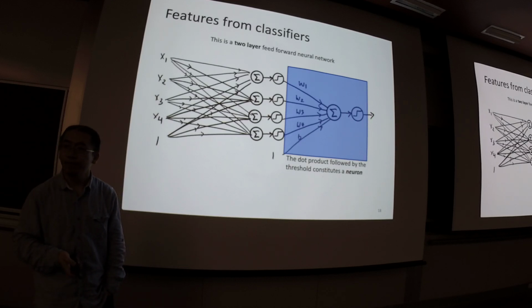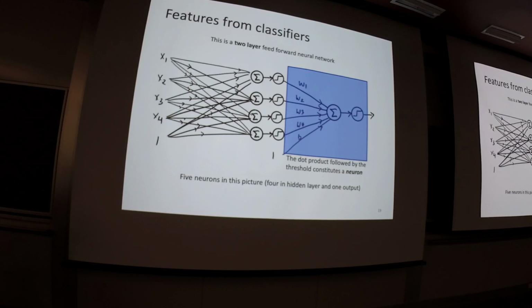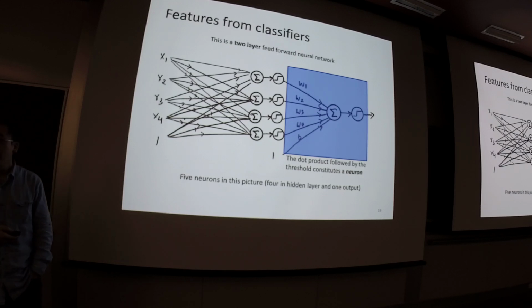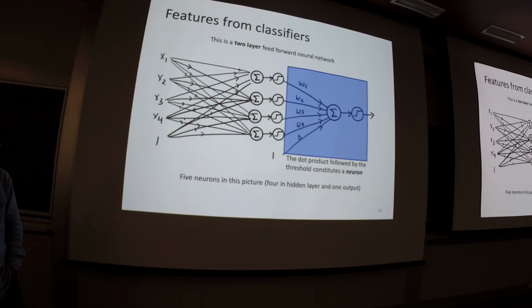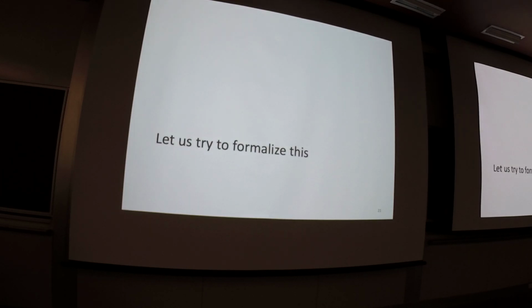That's called a neuron. So basically, in our two-layer feed-forward neural network, we have 5 neurons, right? 1 neuron, 2 neurons, 3, 4, 5. So here is a concrete example of a neural network.